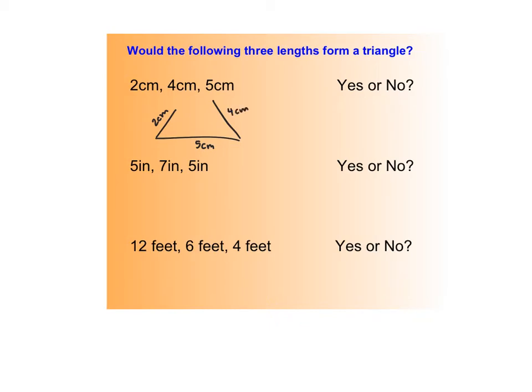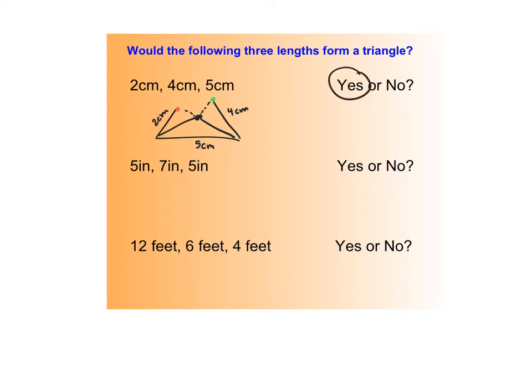But if I were to try to form a triangle, I would just try to match and meet those 2 points. Well, if I brought them down right here, it looks like I would be able to form a triangle. And they would meet at this point. So we could say, yes, that would form a triangle.